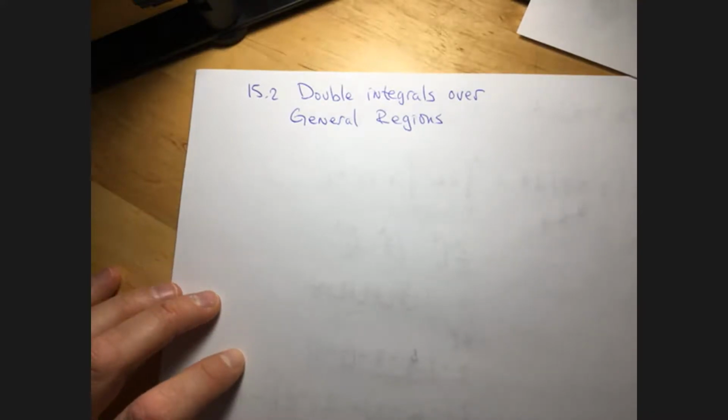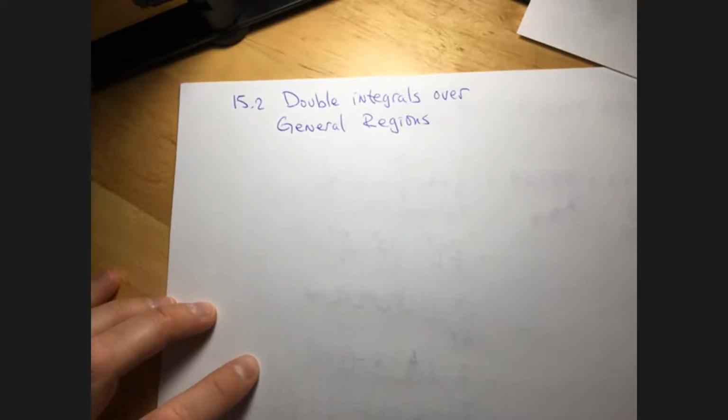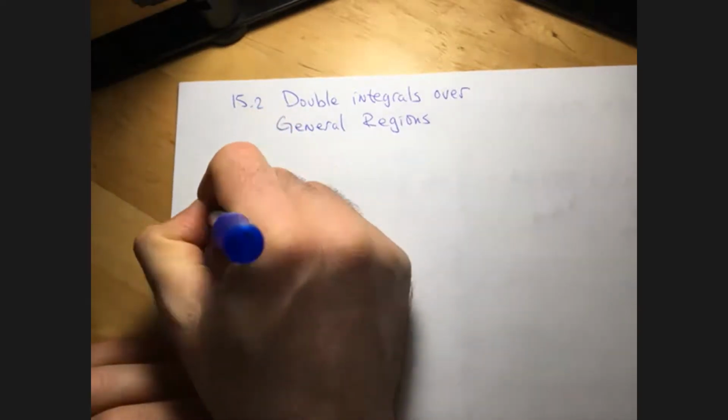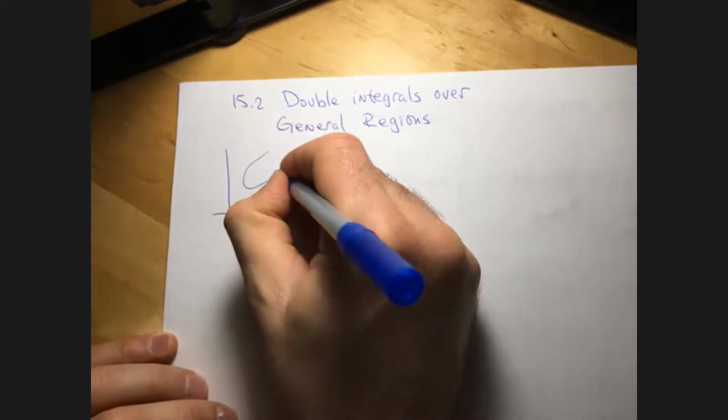Well, it's absolutely acceptable to ask the question why the region over which we're integrating has to be rectangular. Well, it doesn't have to be rectangular, right? It can be any general region. The idea is, let's say we're integrating over this region right here.